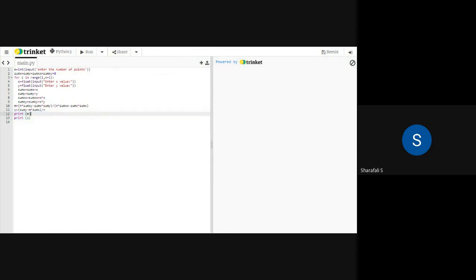Maybe this equation I have just interchanged with the multiplication of -1. So anyway, that you can change here, don't be confused. So I'll just change it in the same way. Sum of x into sum of x.